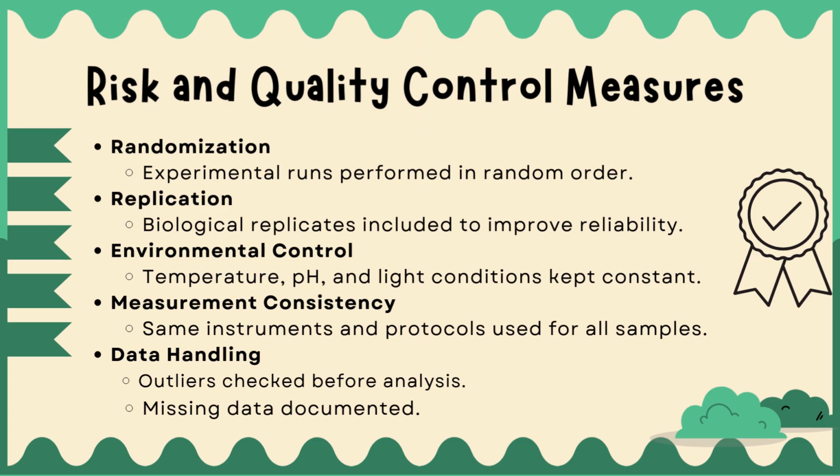Environmental conditions such as temperature, pH, and light exposure are carefully controlled to minimize external influences. All biomass measurements are performed using the same instruments and standardized protocols to ensure consistency. Finally, data quality is maintained by checking for outliers and documenting any missing data before statistical analysis. These measures help ensure the results obtained are accurate, reliable, and scientifically valid.